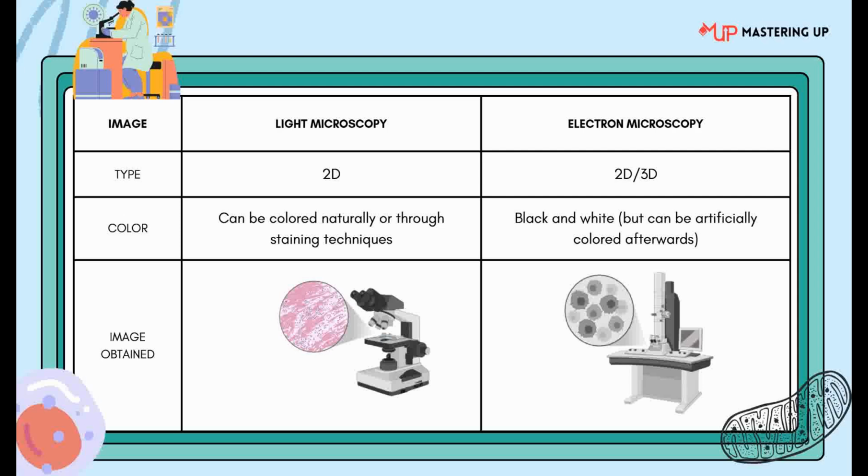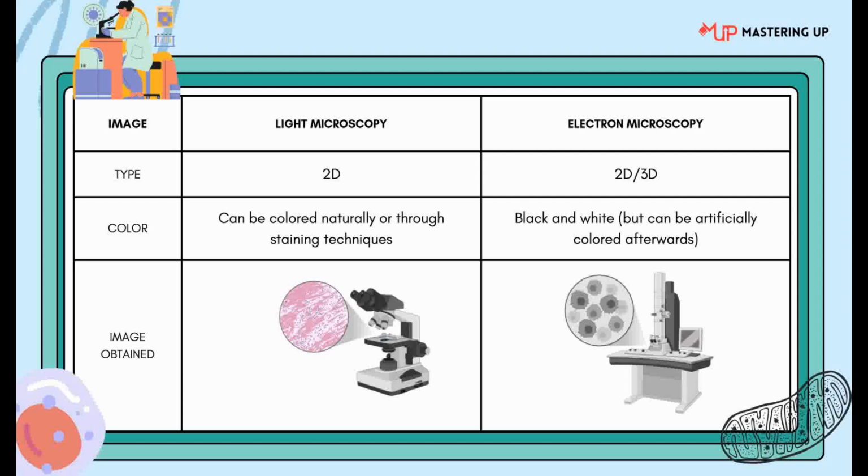In case of electron microscopy, it produces grayscale black and white images as it captures interaction between electrons and the sample rather than visible light. However, false color can be added digitally for interpretative purposes in scientific presentations.